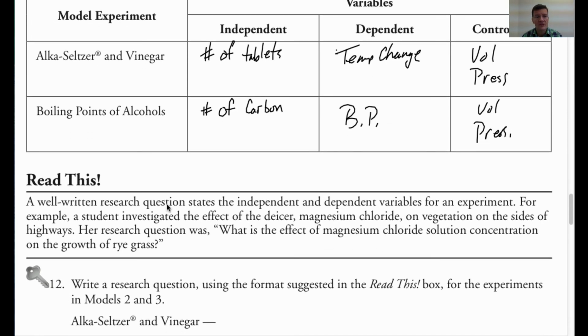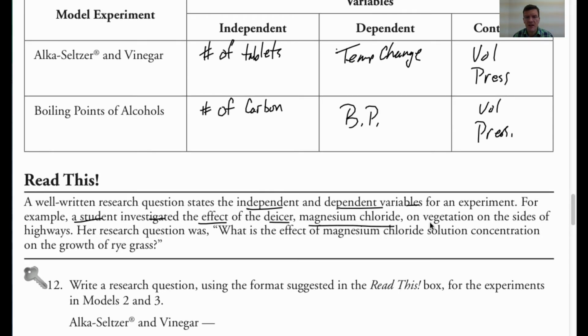A well-written research question states the independent and dependent variables. You want to let your reader know what is being changed, what is being affected, what is being controlled. Okay. For example, a student investigated the effect of the magnesium chloride on vegetation on the sides of highways. Her research question was, what is the effect of magnesium chloride solution concentration on the growth of ryegrass?